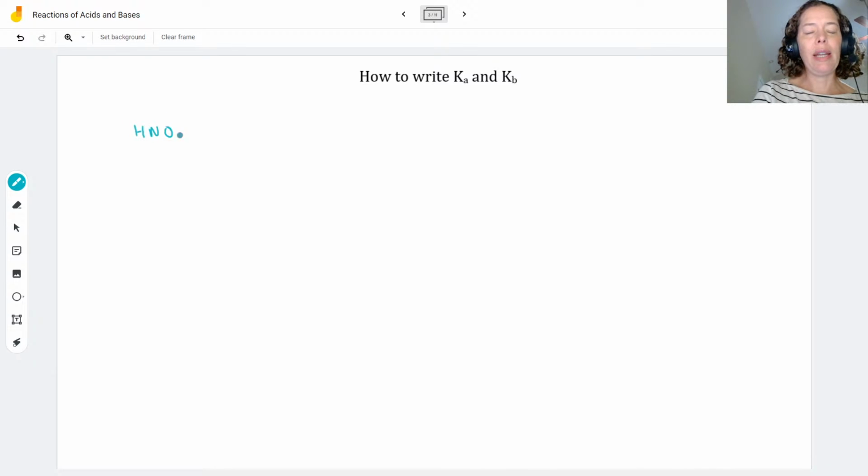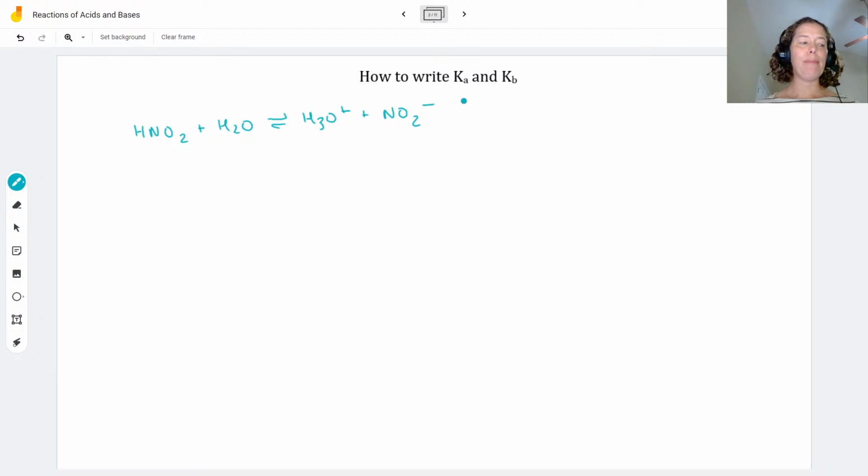Let's do nitrous acid. Again, it is in equilibrium with the hydronium ion and your nitrite anion. So we're going to start actually with the KEQ, and then I'll show you when it becomes the Ka.